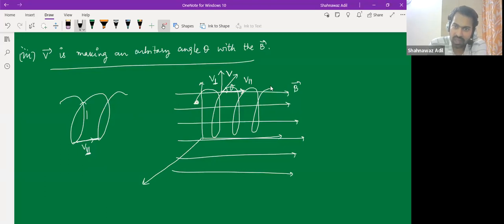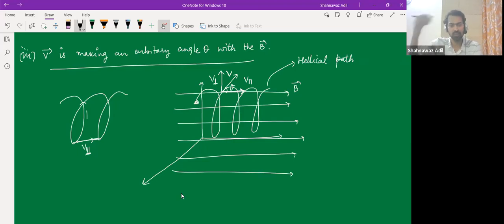So this will follow a helical path, right? It will follow a circle but move in the magnetic field direction, in X direction. Is this clear, guys?